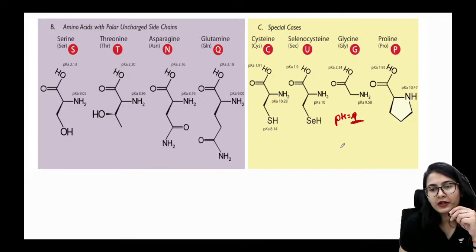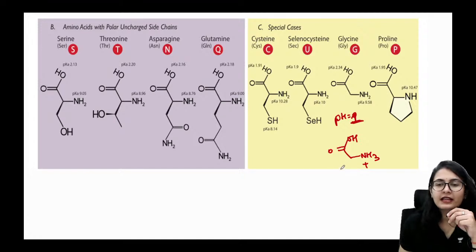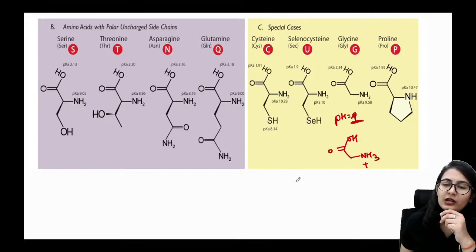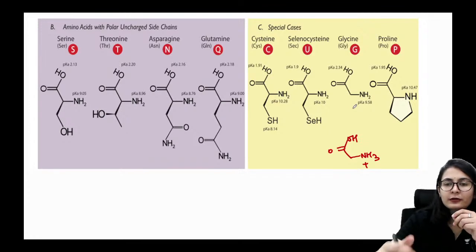Above this pH, the glycine molecule is going to be like this. Yes. Now this is the all protonated form of the glycine molecule, or just consider it as all protonated.